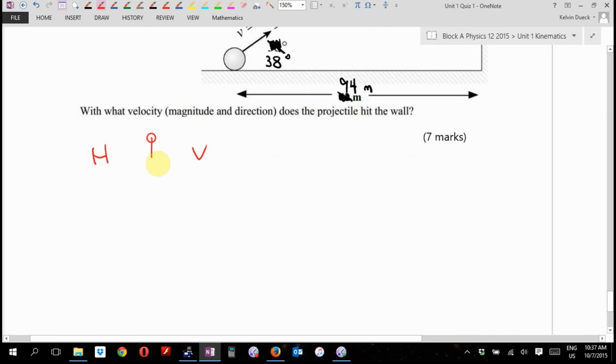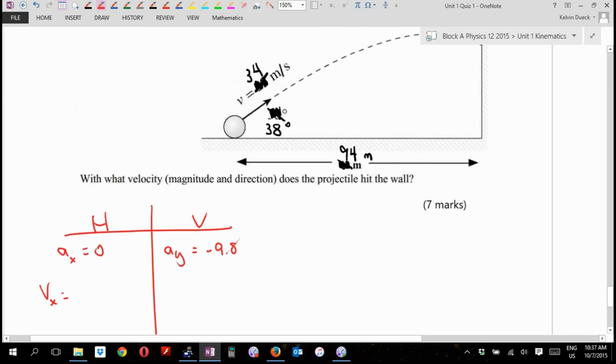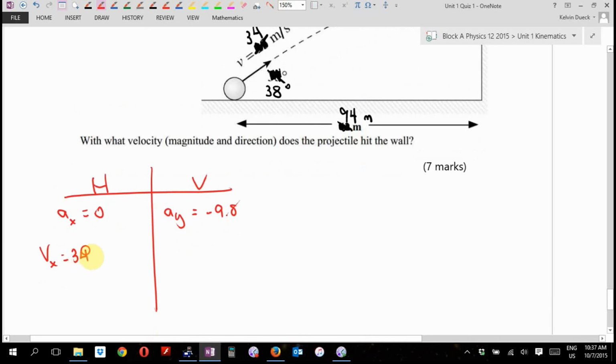Horizontal, vertical. AX equals 0. AY is negative 9.8. VX is going to be cos, 34 cos 38.